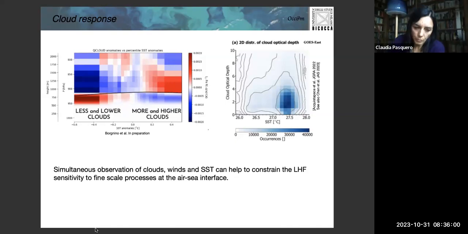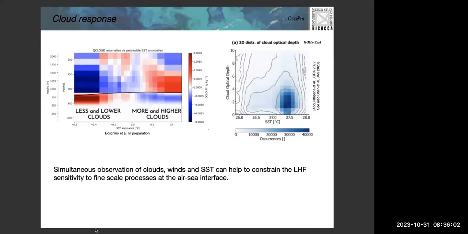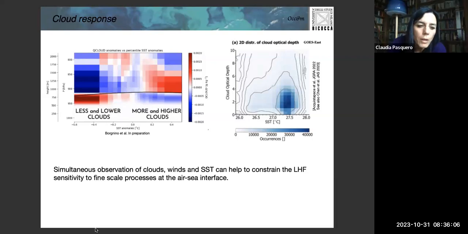I didn't explain that actually, but the data collected along the ship, where the ship was moving, went over a range of SST that varies by a degree or so, and it's all small scale.